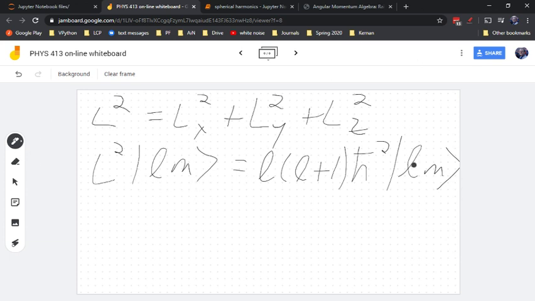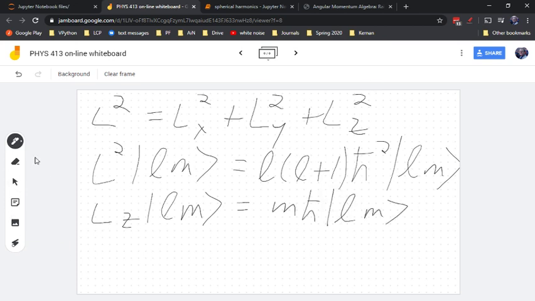So these states are really neat because they're eigenstates of both L squared and Lz. This state here, this |L M⟩, is the same |L M⟩ on both left-hand sides and the same |L M⟩ on both right-hand sides.